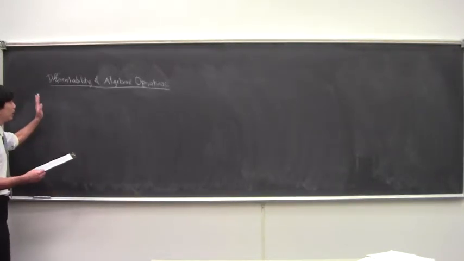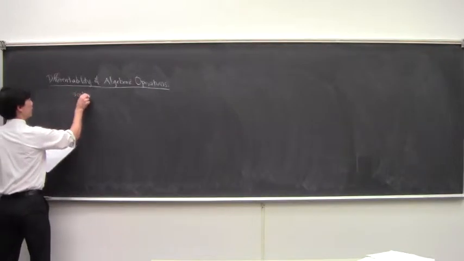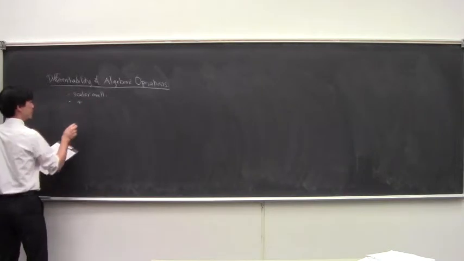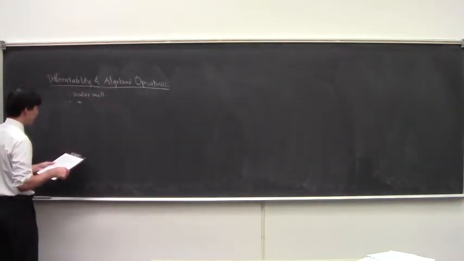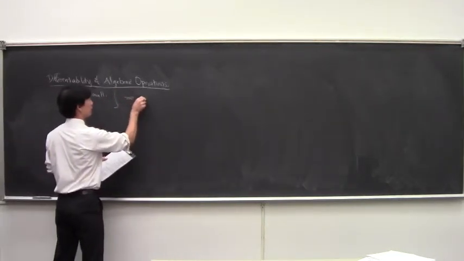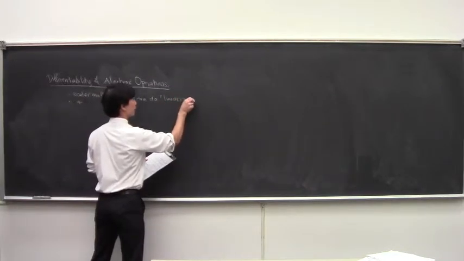Okay, so right now what we have is interaction with scalar multiplication and sums. This allows us to do what are called linear combinations of functions.